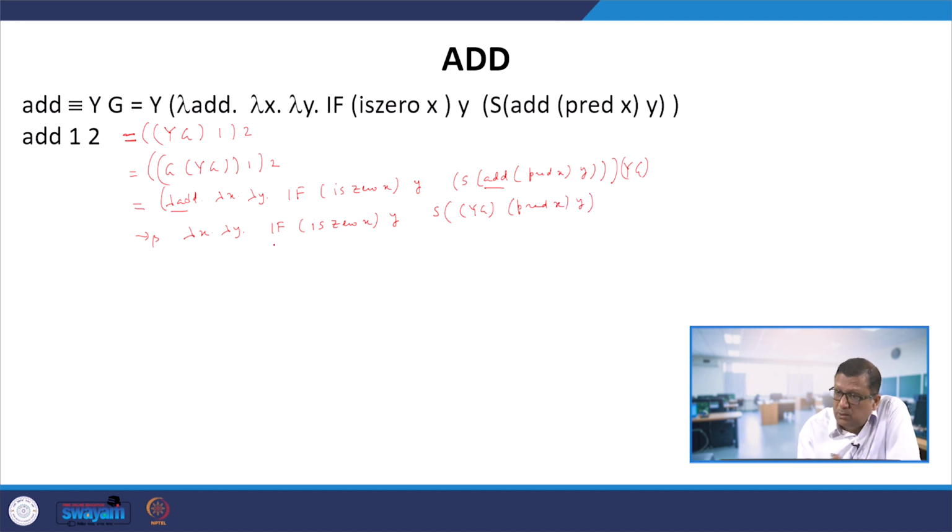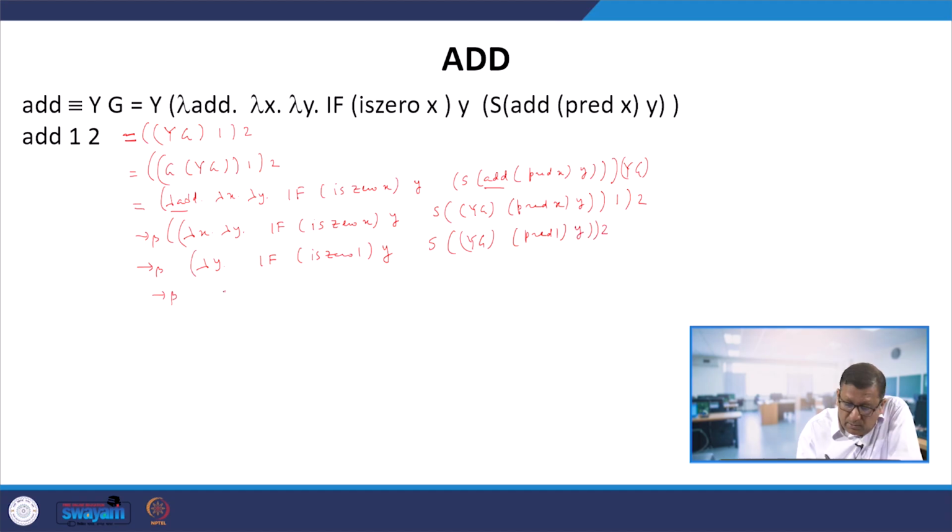Now we have to pass these two parameters. So we have 1 and then we have 2. So after I pass x, I will get lambda y, if is 0 1, y, s of Yg, pred of 1 and y, and then we have 2.